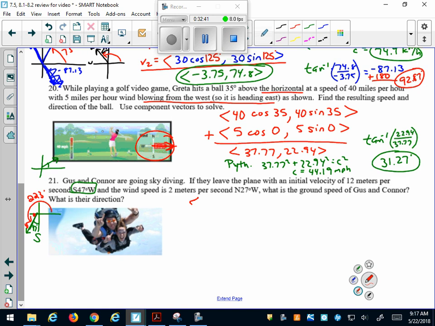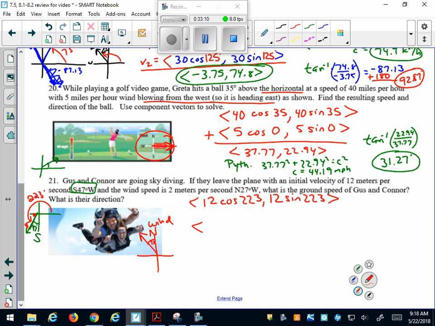So our vector 1 is 12 cos 223, 12 sine 223. Our second vector is the wind speed is 2 meters per second. Here's the wind. North, 27 degrees west. So this way, 27 degrees.